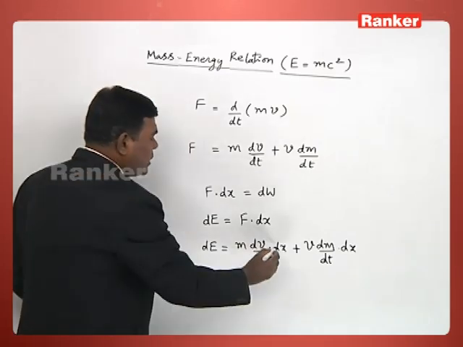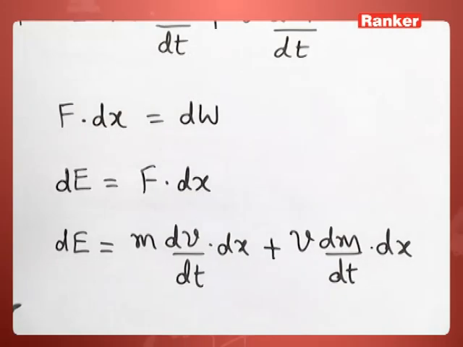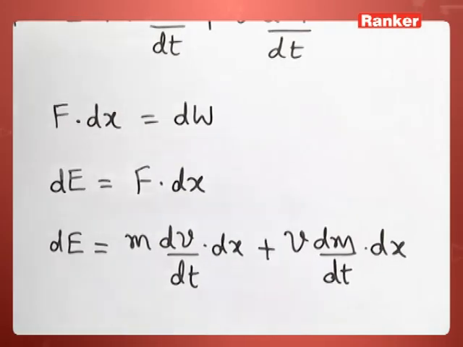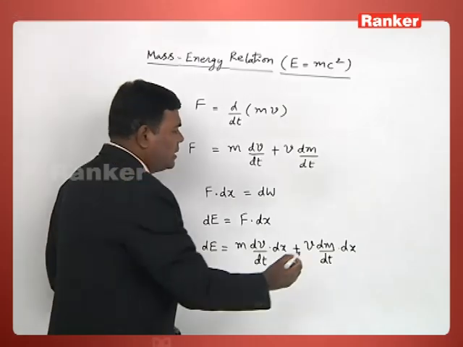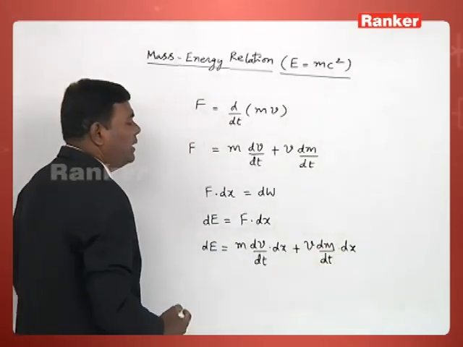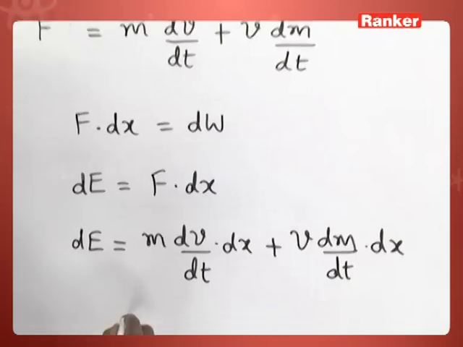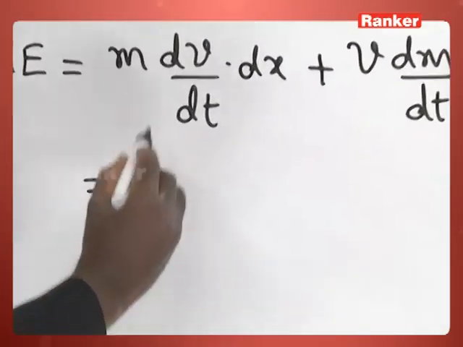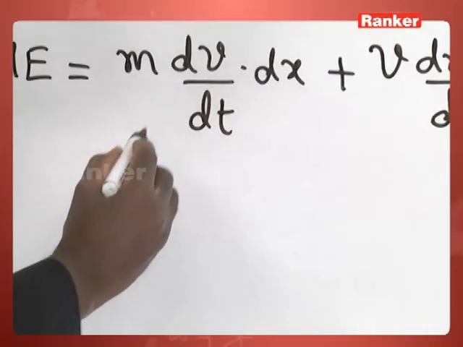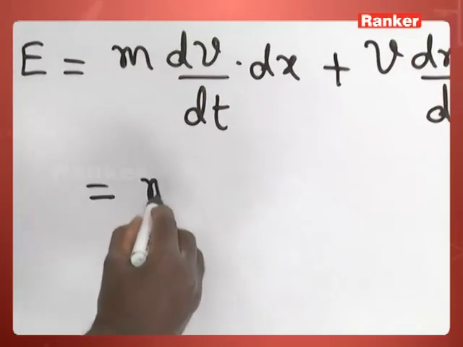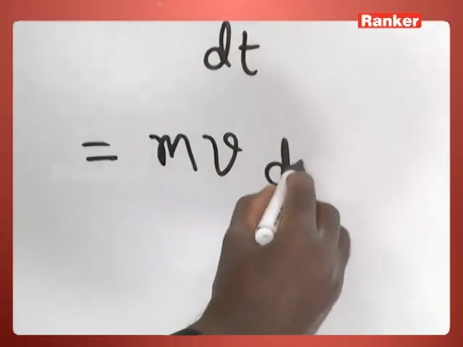Further, dx by dt is nothing but velocity, the rate of change of displacement is velocity. Similarly, here also dx by dt can be written as velocity v. So from this, dE can be written as m dv and v, that is mv dv.